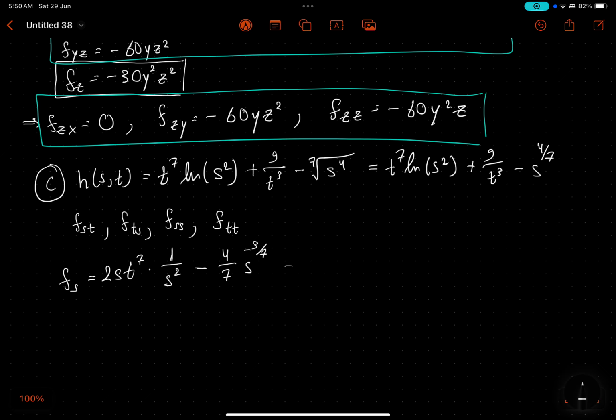Now this can be simplified. So 2t to the 7 over s minus 4 over 7 s to the negative 3 over 7.